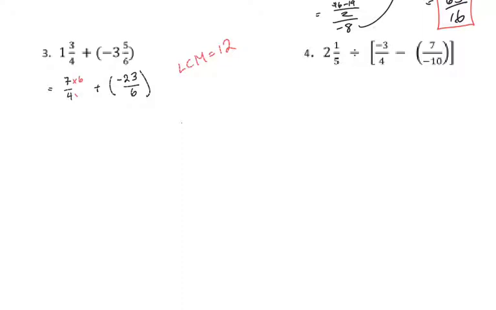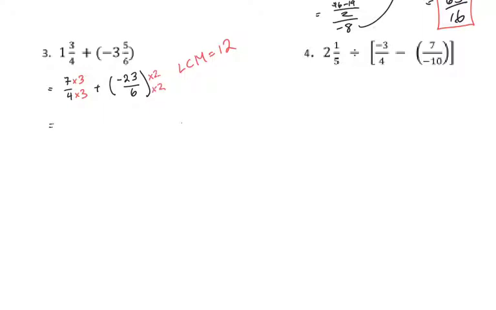No, not 6. We multiply this by 3 and this by 3. Now, the 23 over 6 must be multiplied by 2 and 2.